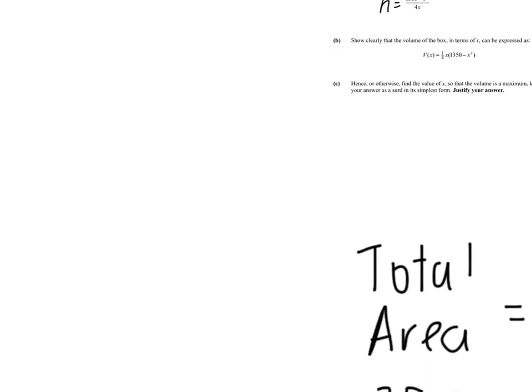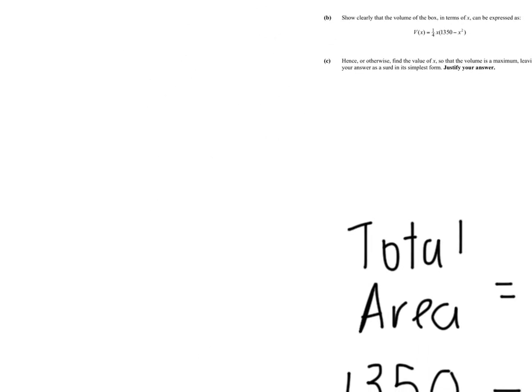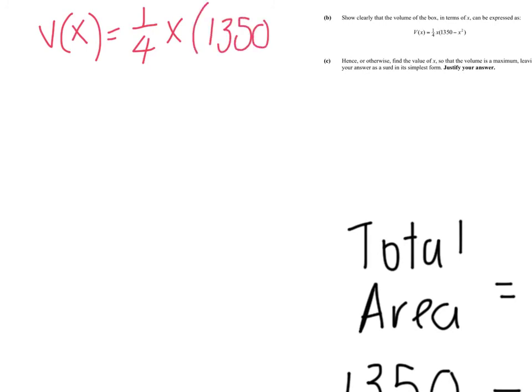So try and give ourselves a little bit of space. Writing down what we have to begin with, it's V of x equals 1/4 x bracket 1350 minus x squared, close bracket. So what we need to do first of all is prepare this for differentiation, which means we need to remove the bracket.